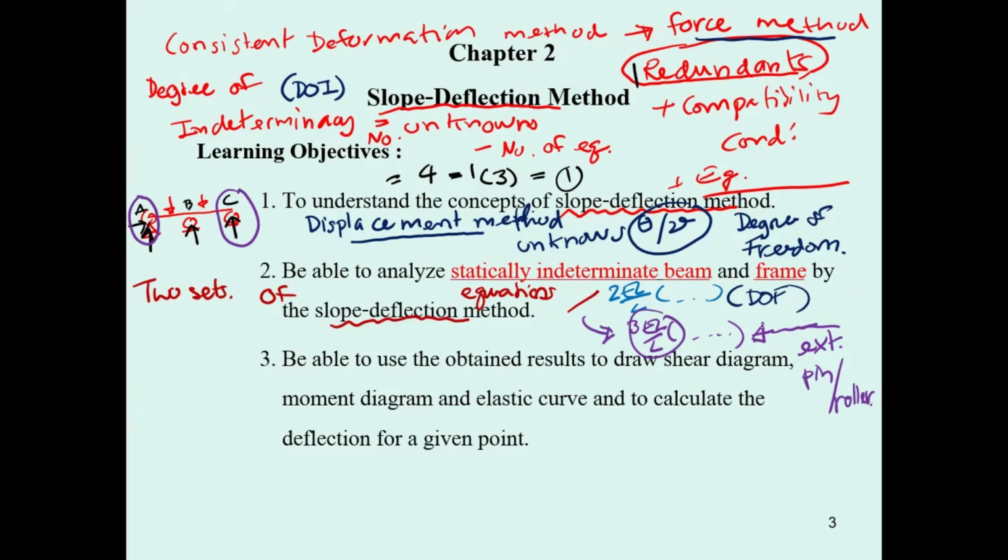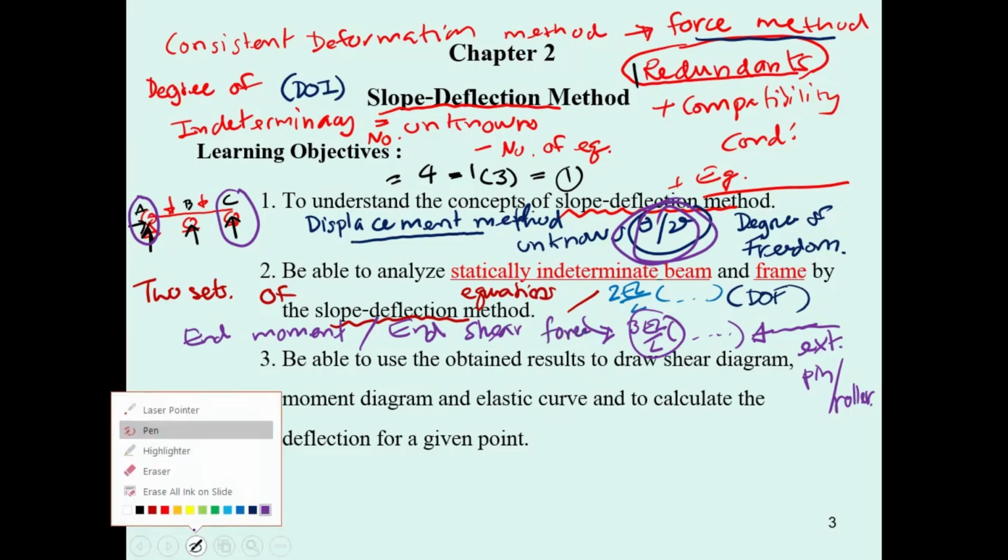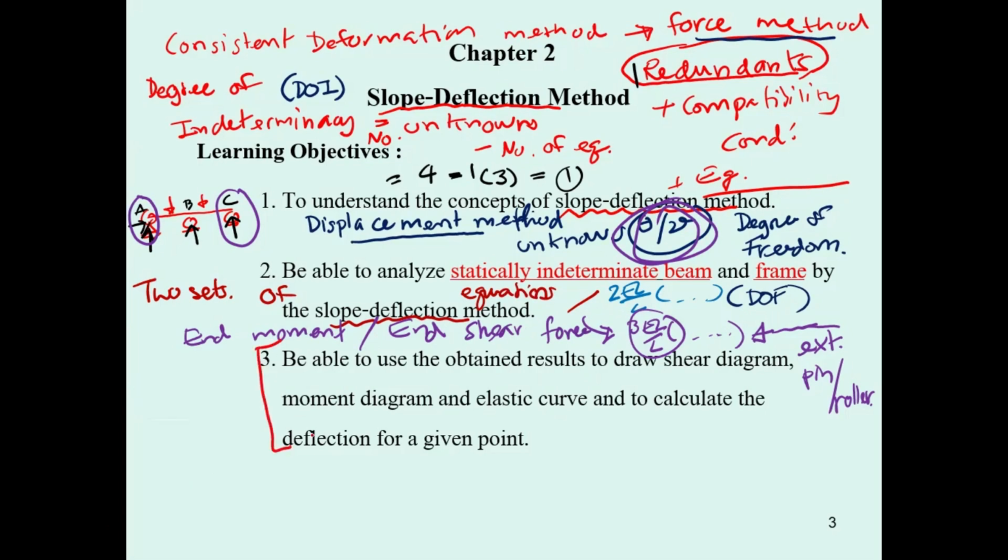After you solve all of this, you will get the unknown degrees of freedom, and later you will get the so-called end moments, and also the end shear forces. After you get the end shear forces, then you come to the third step. On the third step, it is the same thing as before: going to the shear force diagram, the bending moment diagram, drawing the elastic curve, those kinds of things.